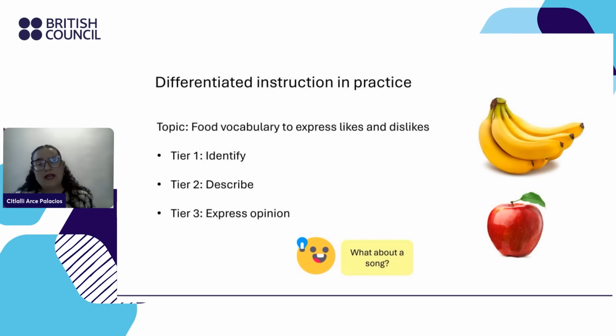Then we can go beyond, and the second one is going to be describe it. So it is yellow, a yellow banana. It is sweet, a sweet apple, a round apple. And then we go to the last one: express your opinion, and we can say, I love apples, but I don't like bananas.